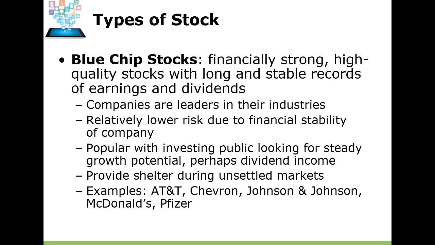Steady growth, consistent business, consistent returns, companies that are going to be around for the long term. They have a product that is pretty secure and safe, like Chevron, which is gas and oil, Johnson & Johnson's drugs and consumer supplies, McDonald's, Pfizer, also drugs.